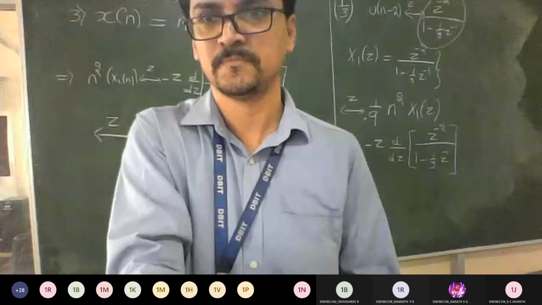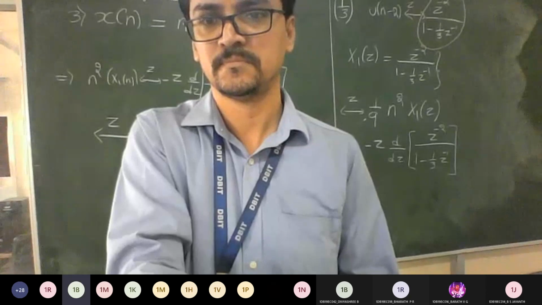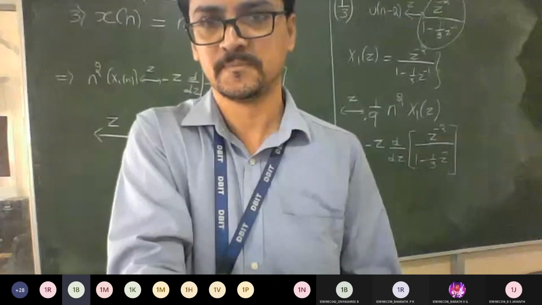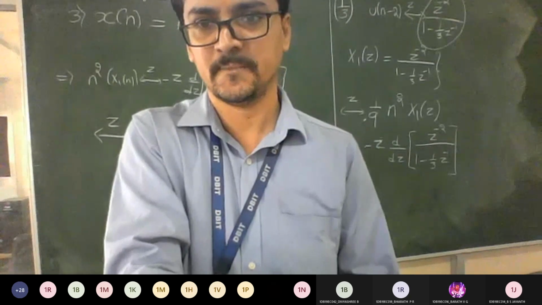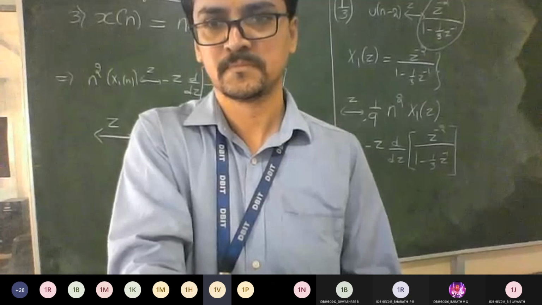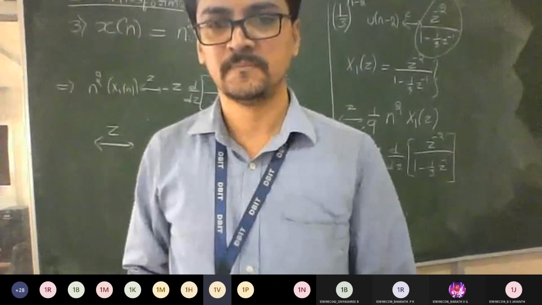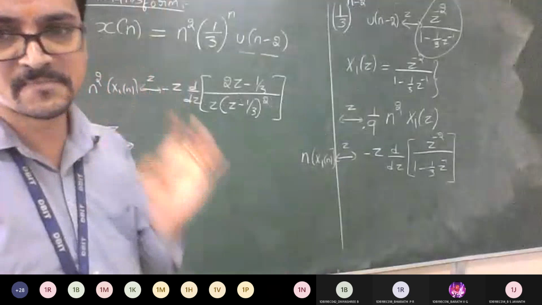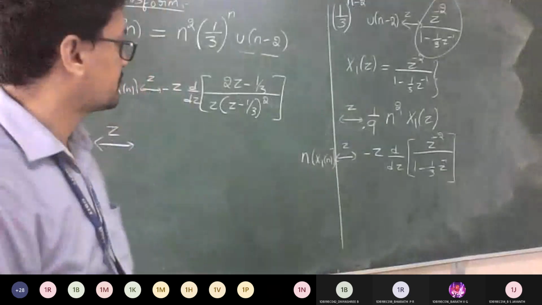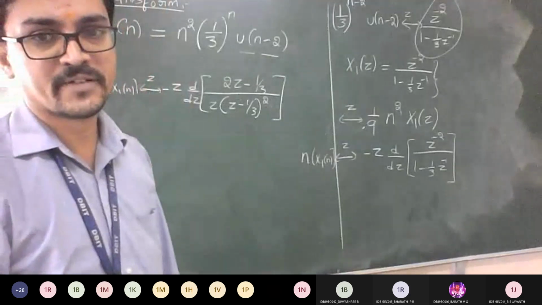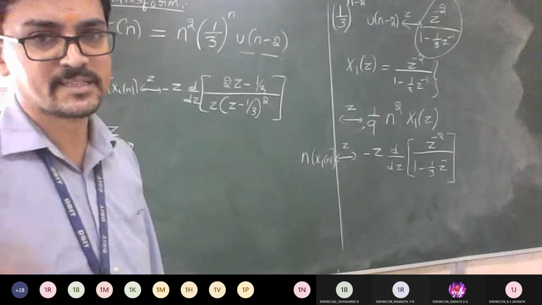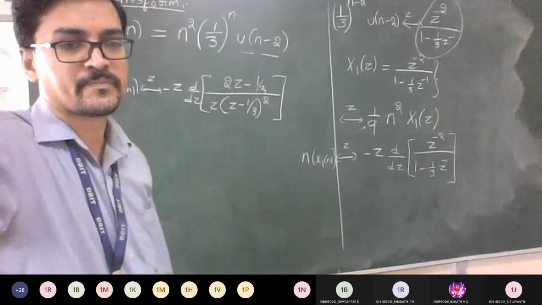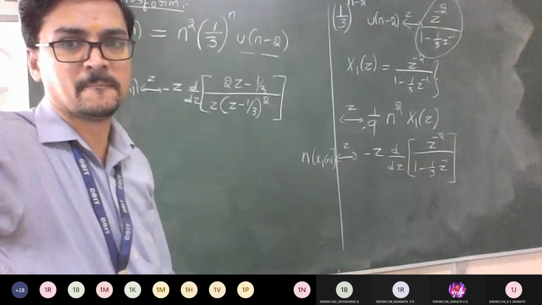Arshita? Sir? Any doubt here? No, sir. Ananya? Yes, sir. Any doubts, ma'am? No, sir. Okay. So finish off this and tell me what the final answer is. Perform differentiation u by v rule for this and tell me what the answer is. Anyone got the answer? Let me know.